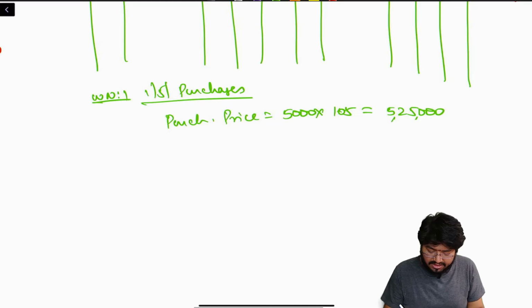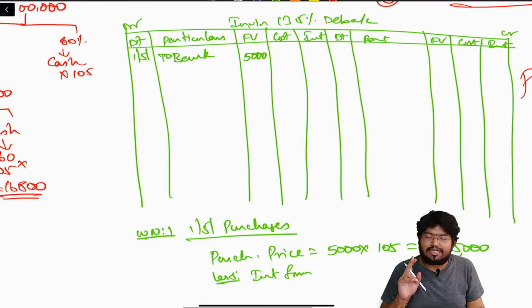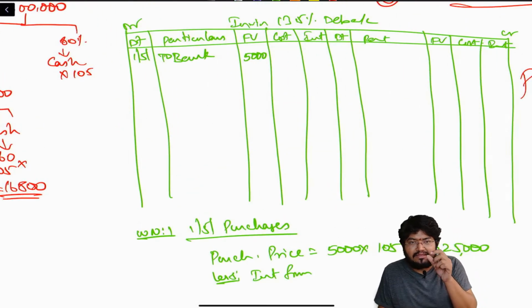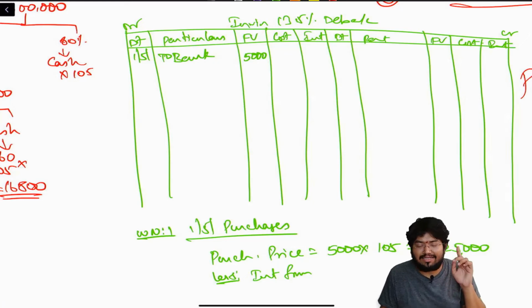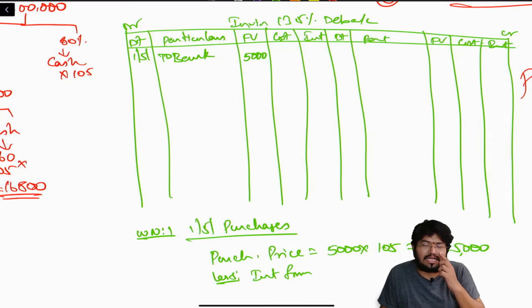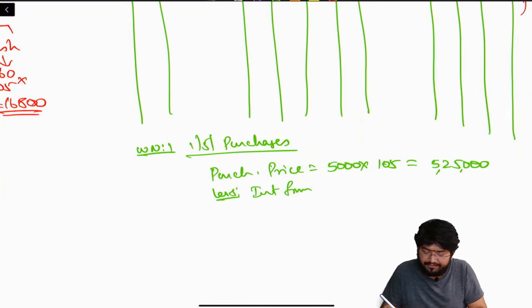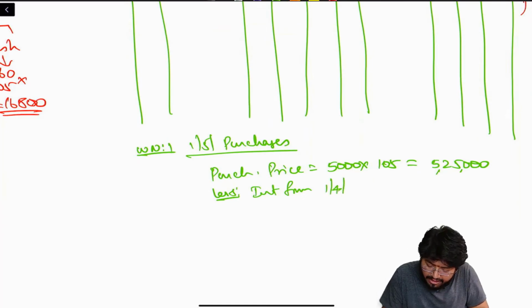Now from this you are supposed to deduct interest. From what date to what date? Your interest payment dates are 31st March and 30th September. In this case, I am purchasing on 1st of May. That means after 31st March, 1 month passed. So to the extent of 1 month interest, I am supposed to show separately. Interest from 1st of April to 30th of April.